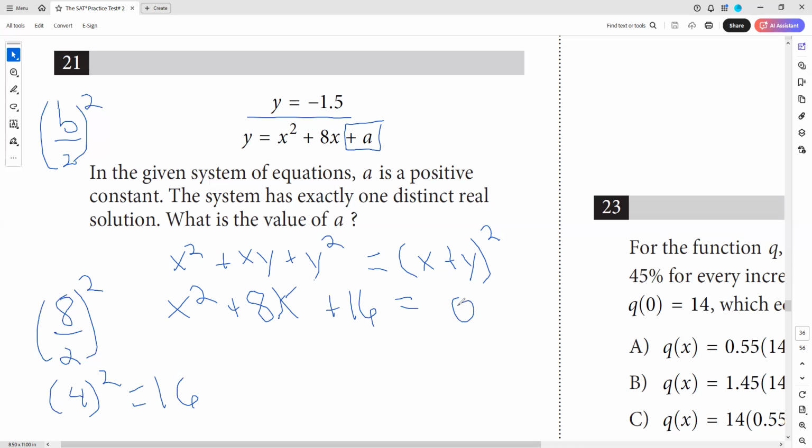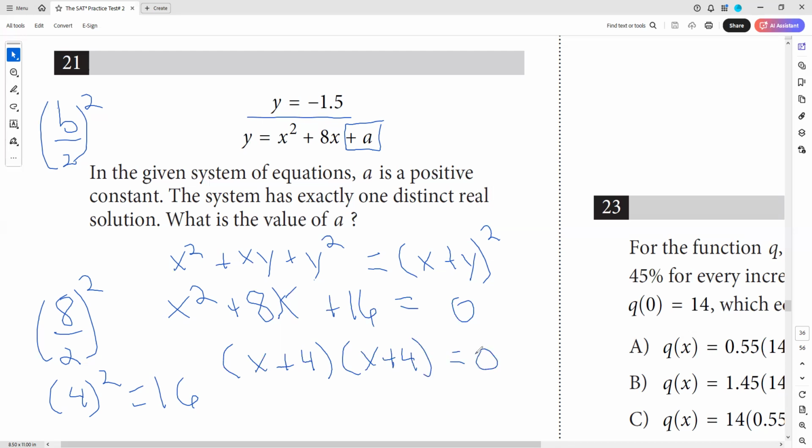That means that when we factor, it is x plus 4 times x plus 4. So that's the same value for the real solution. X plus 4 times x plus 4 is equal to 0.